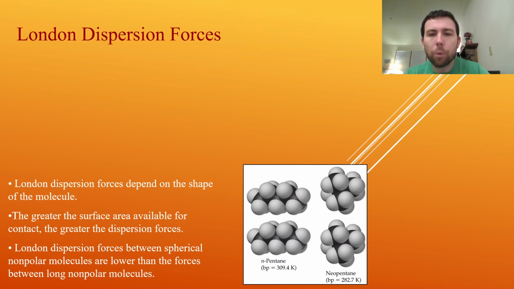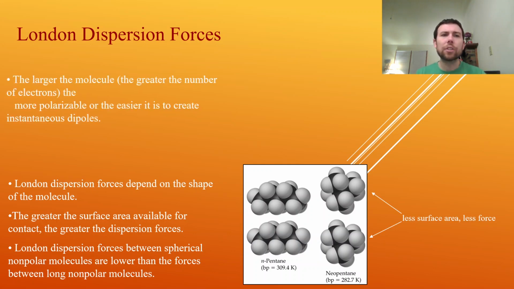If we compare boiling points, the boiling point of the long chain pentane is 309.4 Kelvin, but neopentane is at 282.7. That's communicating to us that because pentane has the larger surface area, there are more opportunities for the pentane molecules to interact with each other, which is simply not possible in the neopentane molecules. That's what accounts for the difference in boiling point, because the London dispersion forces are weaker. Right? So less surface area, less force.